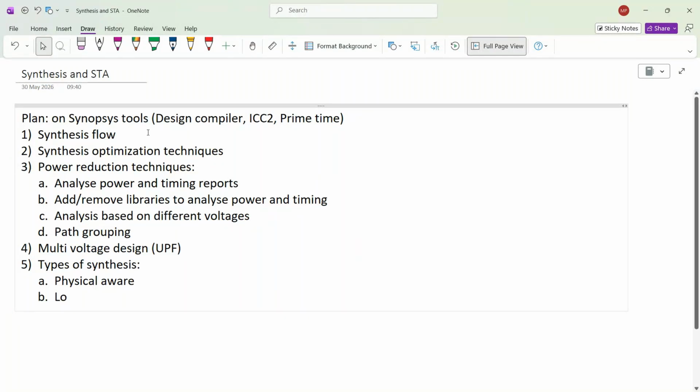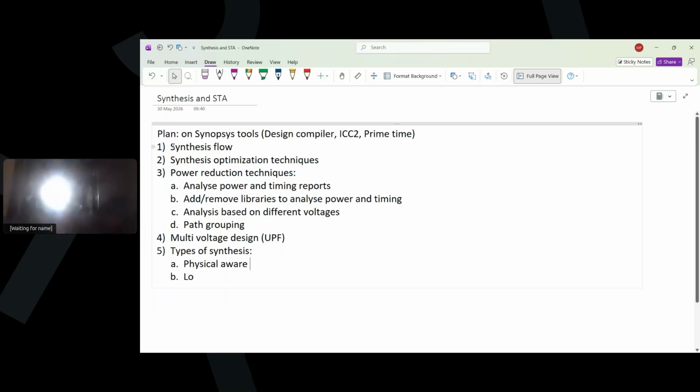Fine. So I was saying that all these experiments which you see, we are going to do on Synopsys tools: Design Compiler for synthesis, ICC2 for PNR, and PrimeTime. As I told you, we are going to run the normal synthesis flow.